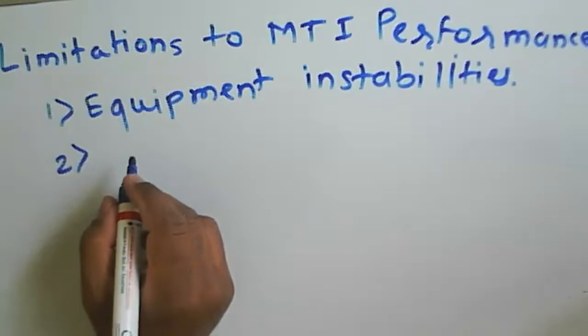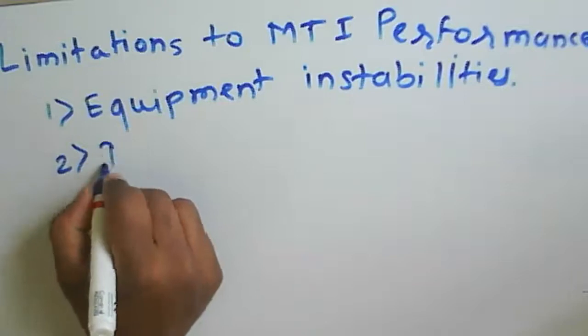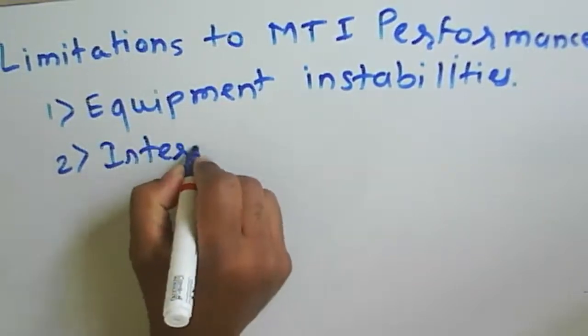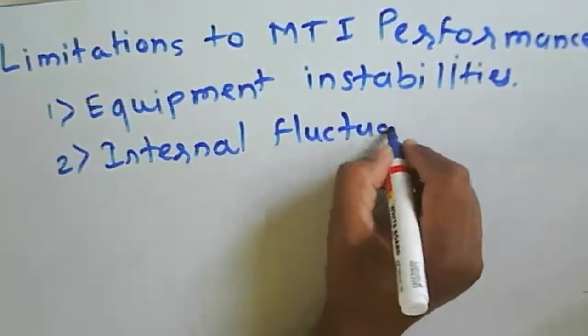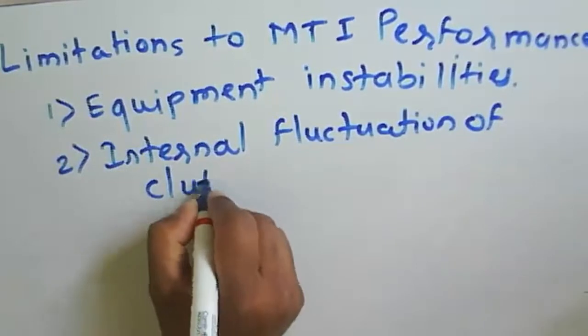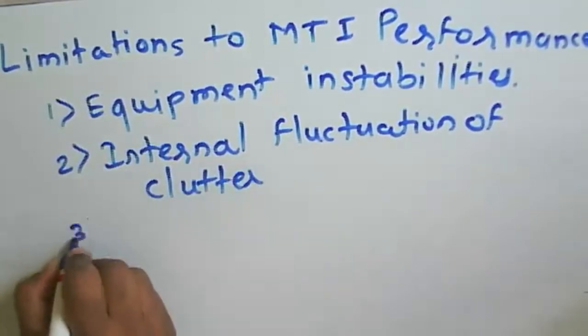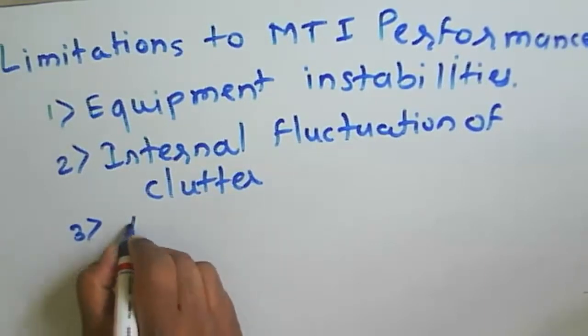Then we have internal fluctuation of clutter. Third, antenna scanning modulation.